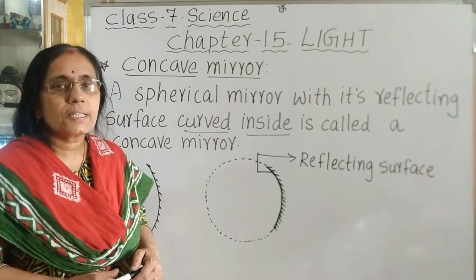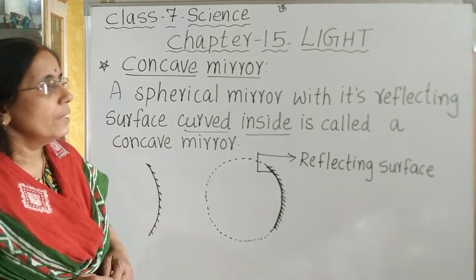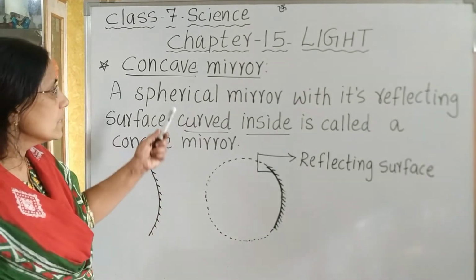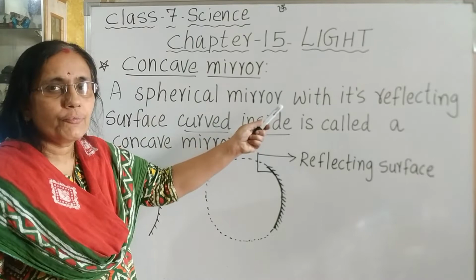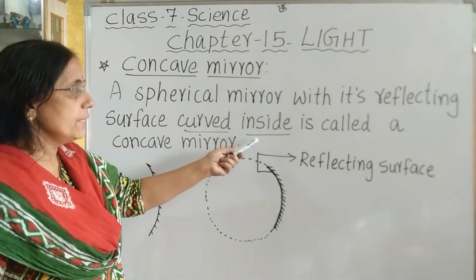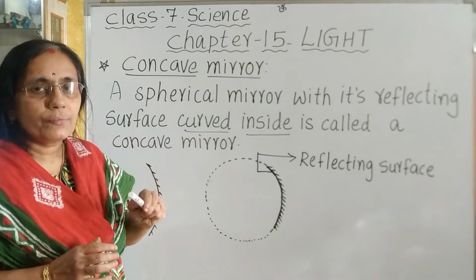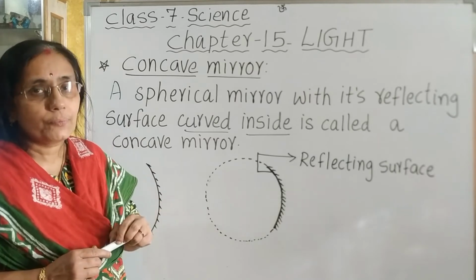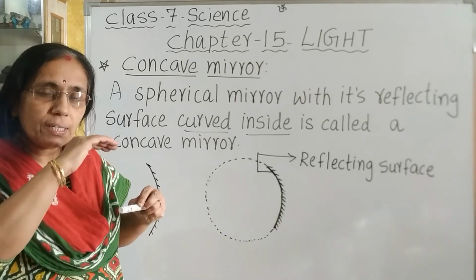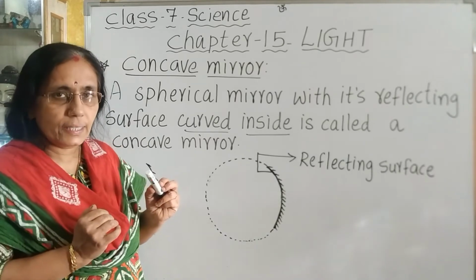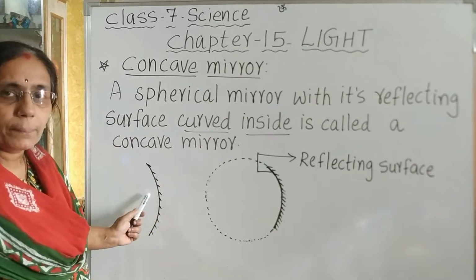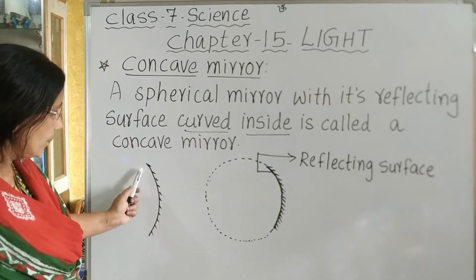Now, let us discuss the concave mirror. A concave mirror is a spherical mirror with its reflecting surface curved inside. That is one of the main characteristics of a concave mirror. We can diagrammatically represent a concave mirror like this.